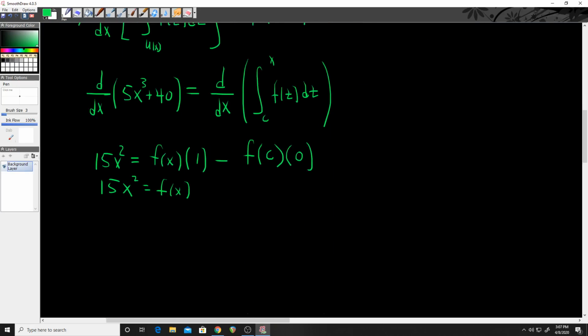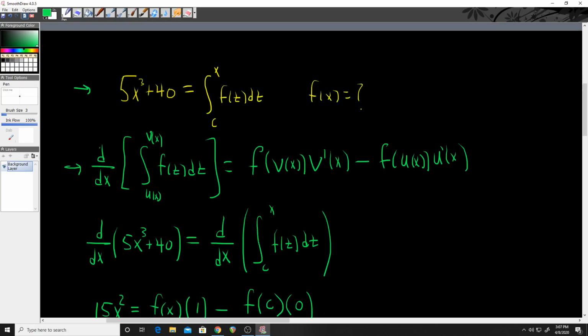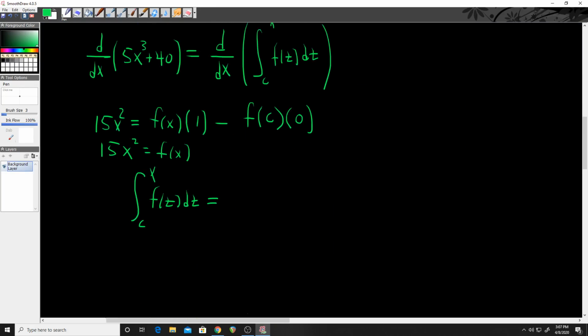Integral from c to x of f of t dt equals 5x cubed plus 40. Well, if f of x is 15x squared, then that implies directly that f of t, just replacing x with t, is going to be 15t squared.